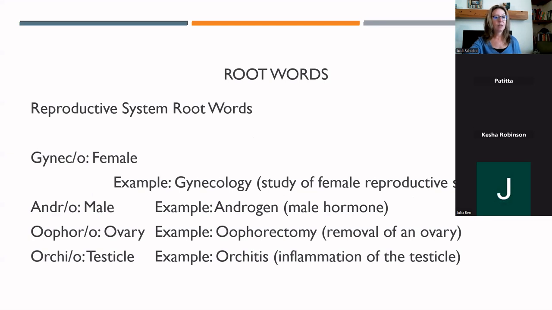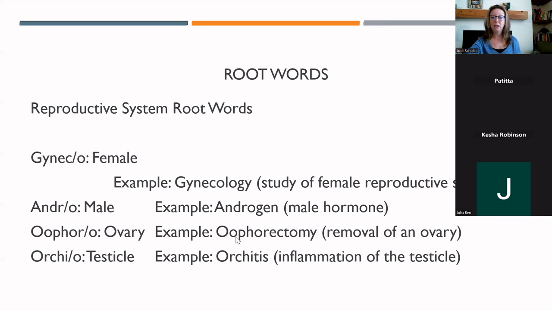Reproductive system. So gynecology, the study of the female reproductive system. Androgynous, androgen, the male hormone. Oophor, the ovaries.